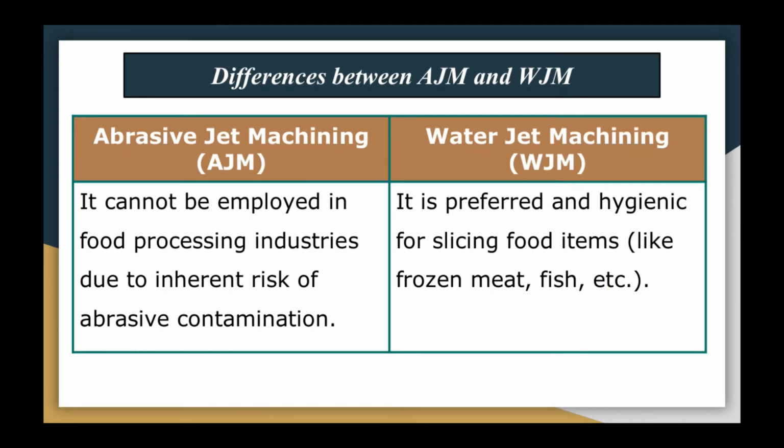Then abrasive jet machining cannot be employed in food processing industries due to the inherent risk of abrasive contaminant. So this is the main point. Water jet machining is preferred and hygienic for slicing food items like frozen meat, fish, etc. So these are some applications.